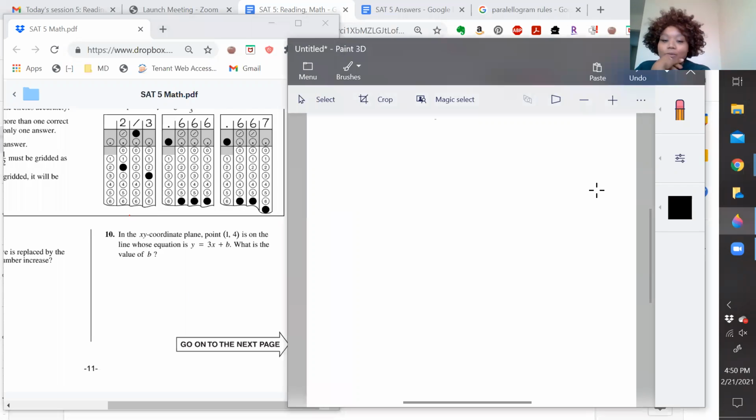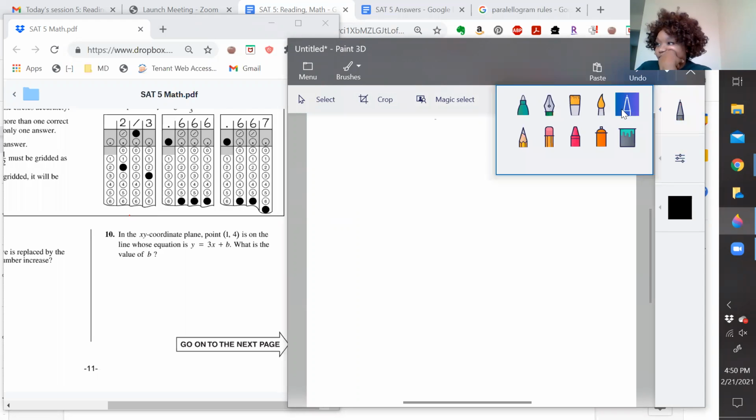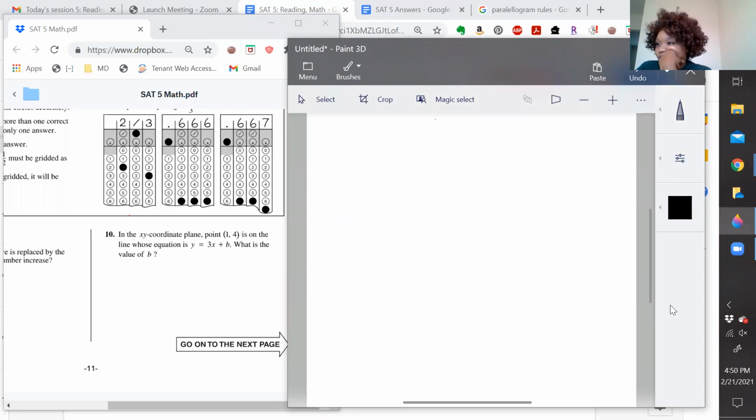All right, number 10, who wants to speak on it? I can do it. Okay, go ahead. So I just substituted the coordinate point into the equation. So 4 equals 3 times 1 plus b.